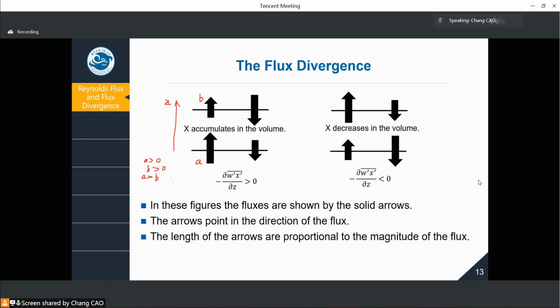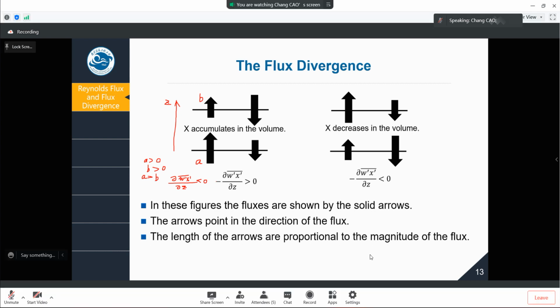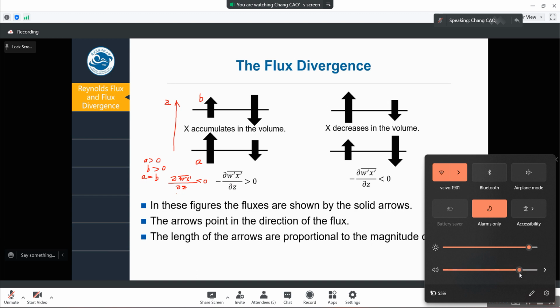So the z derivative of the flux should be smaller than 0, because as z goes up higher, the flux becomes smaller. But since there is a minus sign here, finally this one should be bigger than 0. Can you understand?